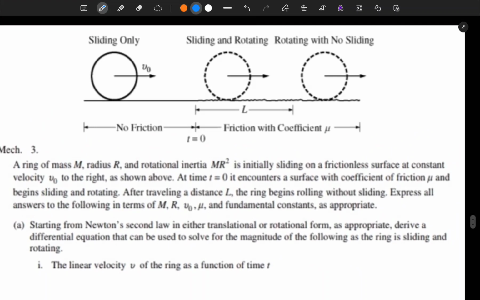At time t equals 0, it encounters a surface with coefficient of friction mu and begins sliding and rotating. After traveling a distance L, the ring begins rolling without sliding. We wish to express all of the answers below in terms of m, r, v0, mu, and fundamental constants, as appropriate.